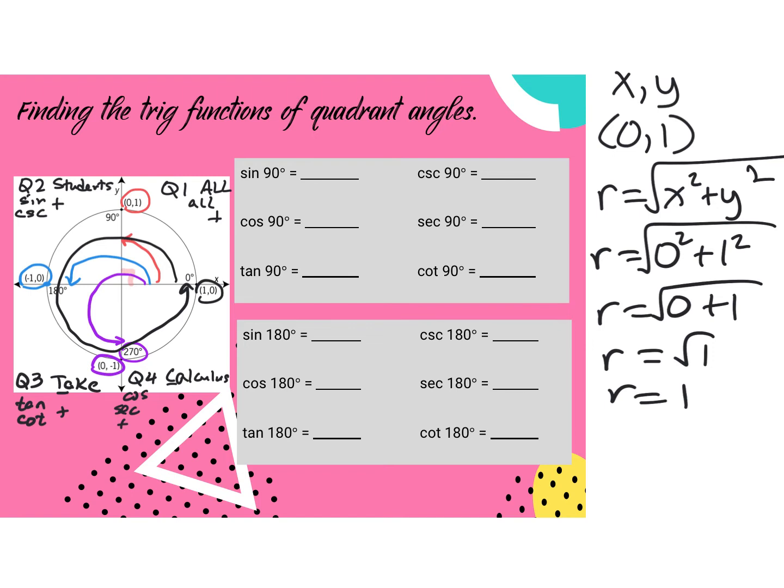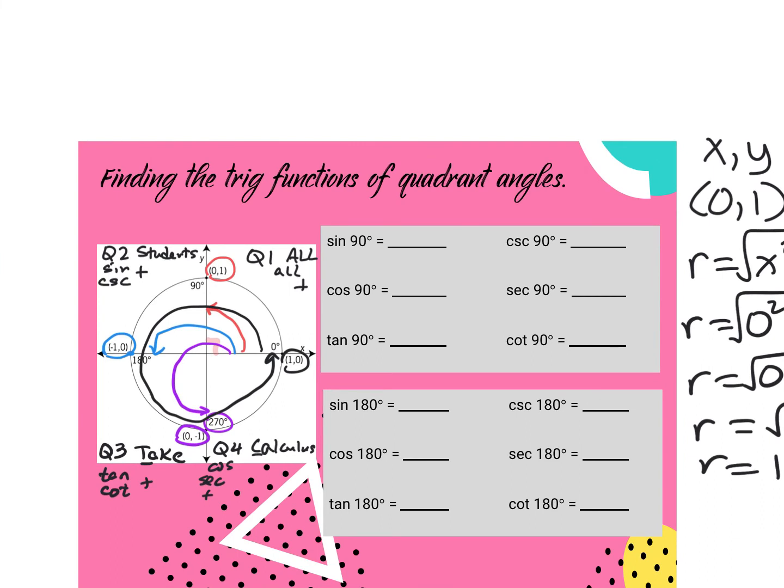This is sort of leading us into the unit circle, which we're going to be talking about later on. Think of the unit circle, or this R value, as a radius, and the radius length here is just a 1. So now that I have my X and my Y, because again, for 90 degrees, we're using this ordered pair, 0, 1, and then I just calculated the R, and it's 1.